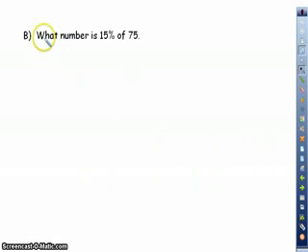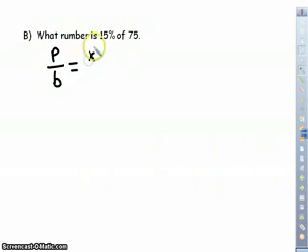Now, the next one, what number is 15% of 75? Well, again, part over base equals percent over 100. We are trying to find out what part. What number is 15% of 75? We need to know what 15% of that number is.